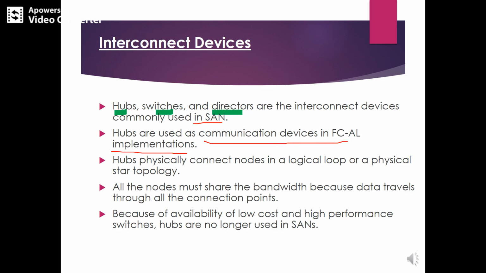Hubs physically connect nodes into a logical loop or a physical star topology. All the nodes must share the bandwidth because the data travels through all the connection points.